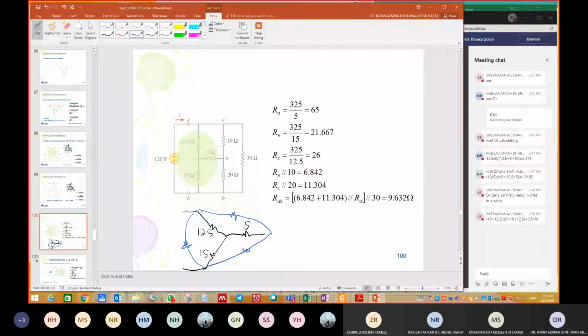RB parallel with 10. This is N. This is A. This is B.